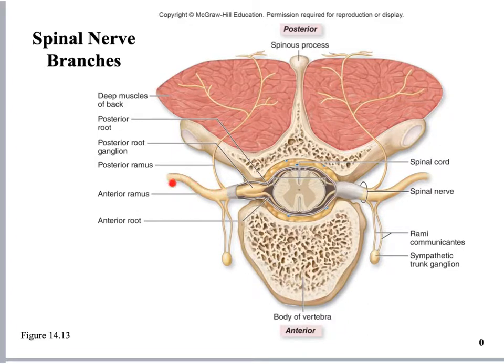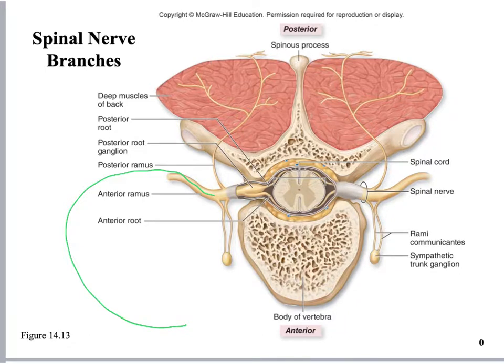The anterior ramus goes out that way, and then the posterior ramus goes back to the deep muscles of the back, right, and goes further out to the skin. While the anterior would actually extend out and around, right, to the visceral organs, to the skin and muscles of the anterior.